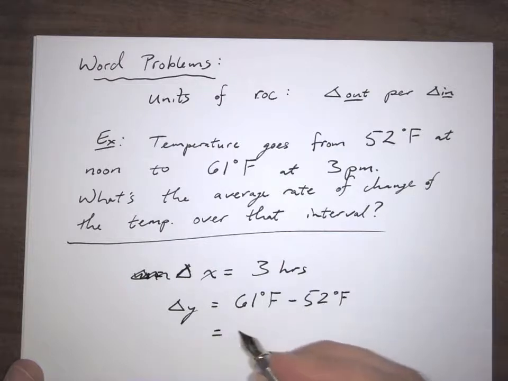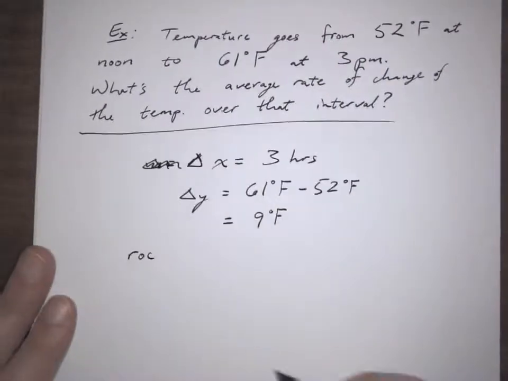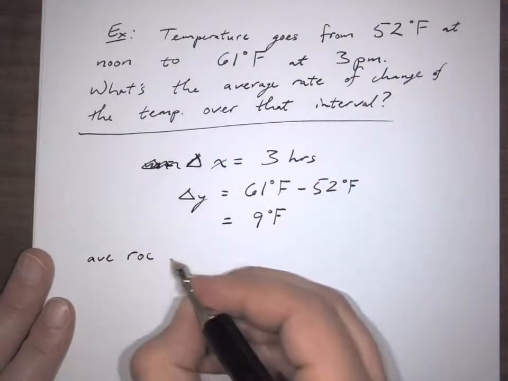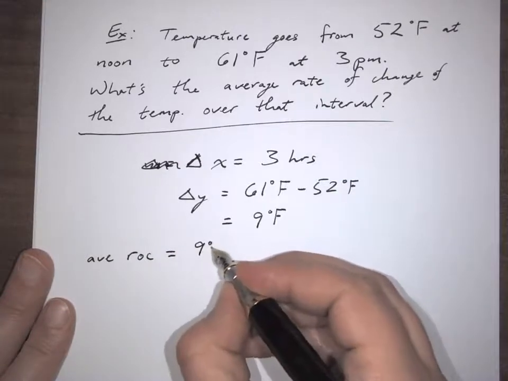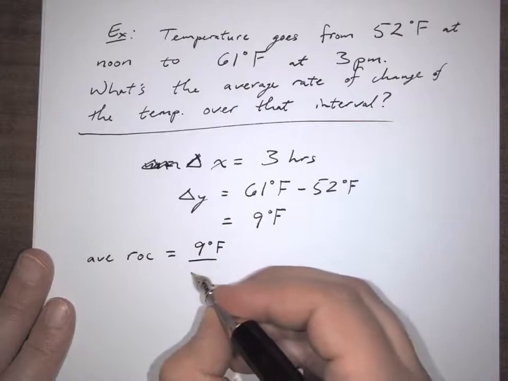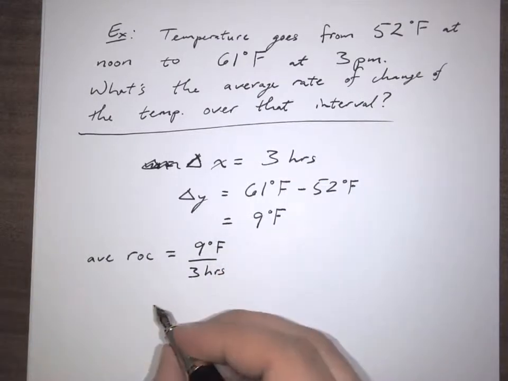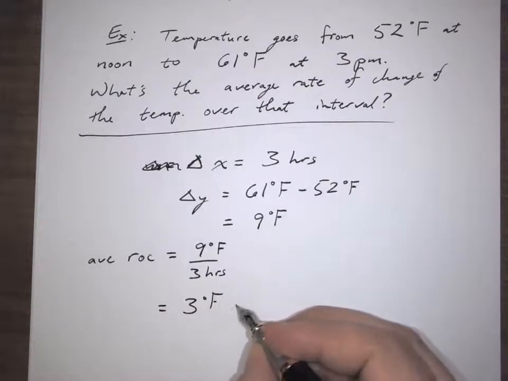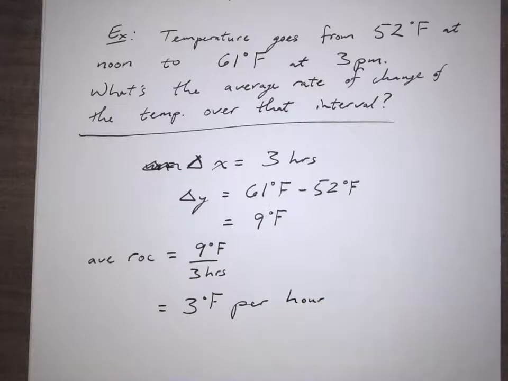So that's going to be a total of 9 degrees Fahrenheit. And so the average rate of change over this time period is going to be 9 degrees Fahrenheit divided by 3 hours, which if we divide that out is going to just equal 3 degrees Fahrenheit per hour.